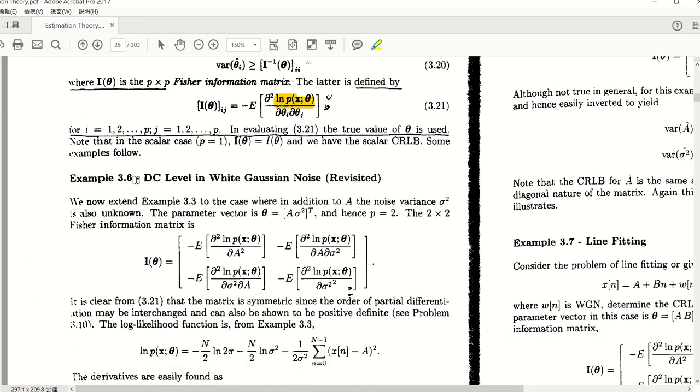As an example, I think I can go a little bit faster. DC level in white Gaussian noise.